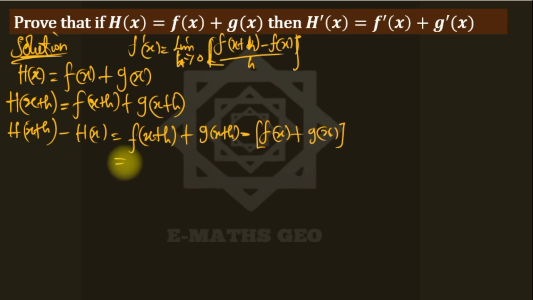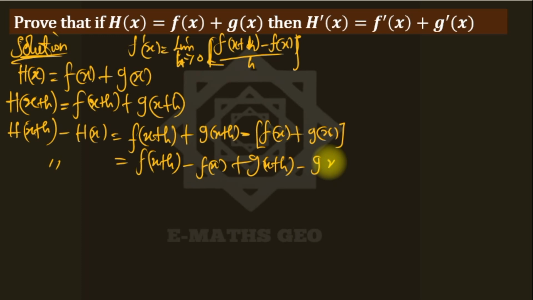Here we can bring this to this side. I've opened the bracket, that's minus f of x minus g of x, but I now group the ones with function f and function g.